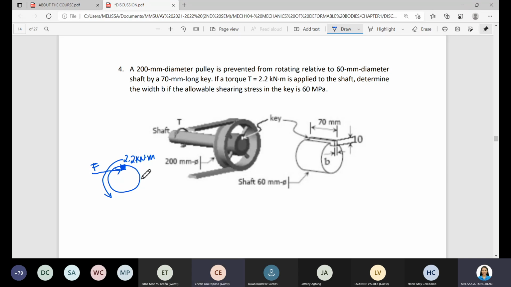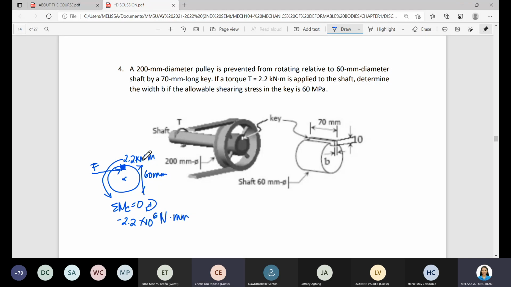Okay, so the diameter of the shaft is 60 millimeter. By taking the summation of the moment at the center, equal to 0, clockwise as positive, we have negative 2.2 kilonewton meter, or 2.2 times 10 raised to 6 newton millimeter. How did it become 10 raised to 6?